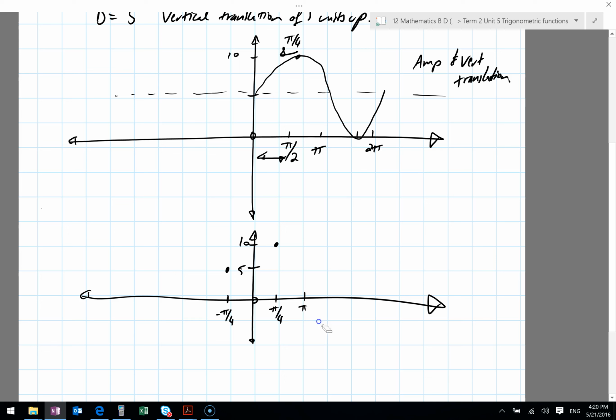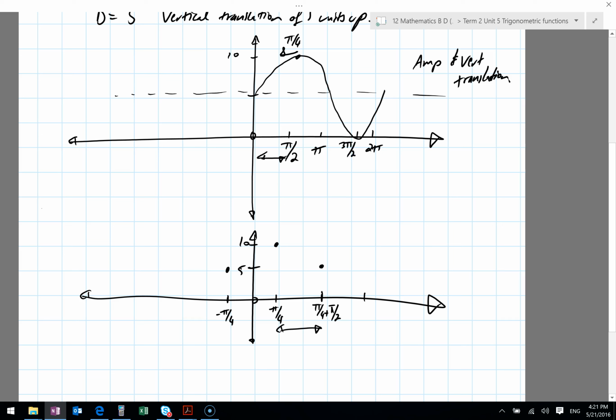So my next point on this side will be pi on 4 plus pi on 2, to get to that average value. And then I'll have to add another pi on 2 to get the next one and the next one.